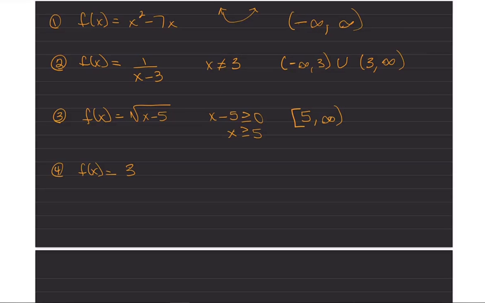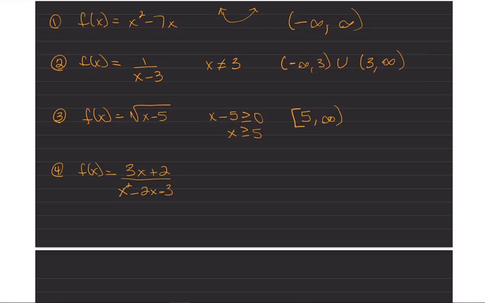So let's go with 3x plus 2 divided by x squared minus 2x minus 3. So we got a fancy little fraction up here.